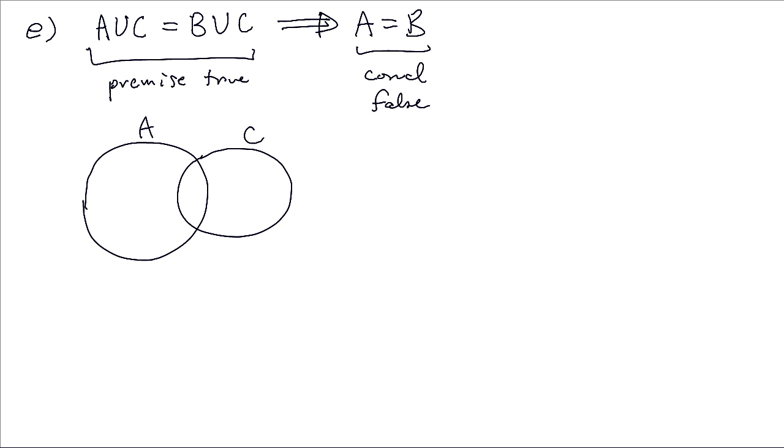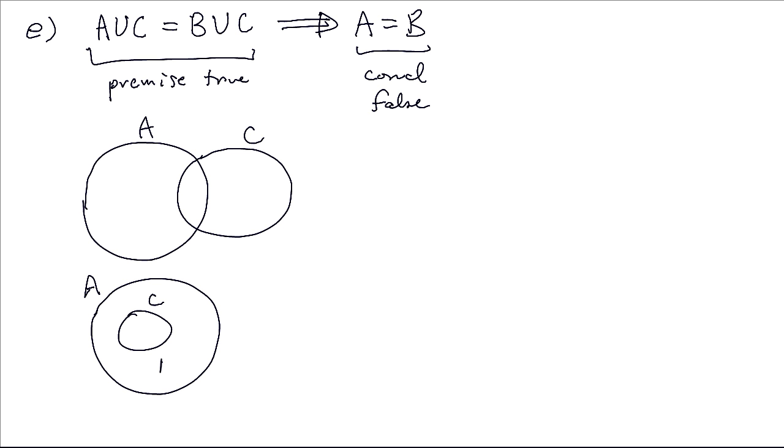What if C were inside of A? A union C now is equal to A, and we want B union C to equal A also. If we made B equal to A minus C, that would work, right? Yeah. Let's make B equal to the part in between.